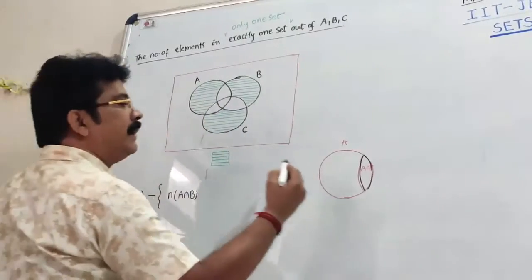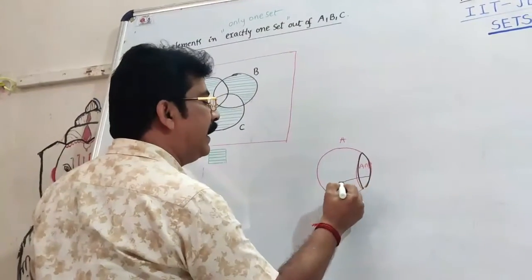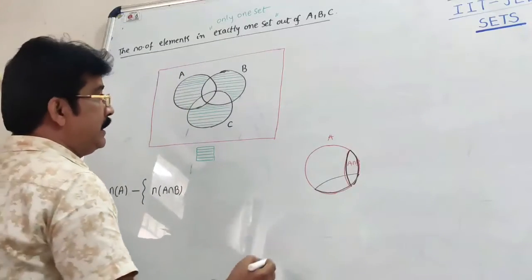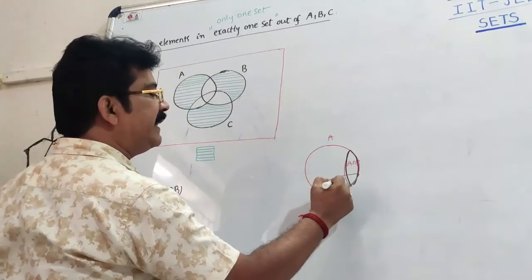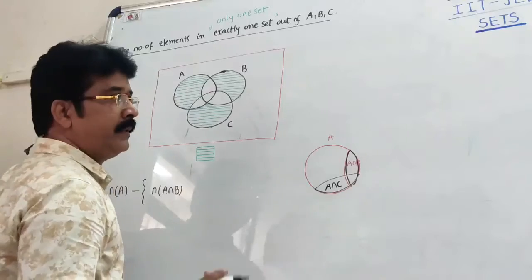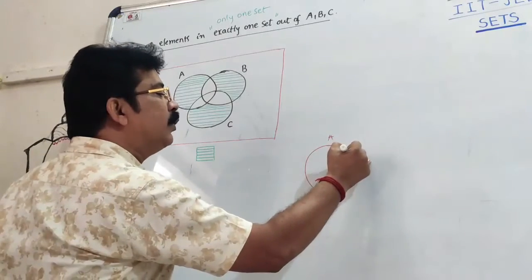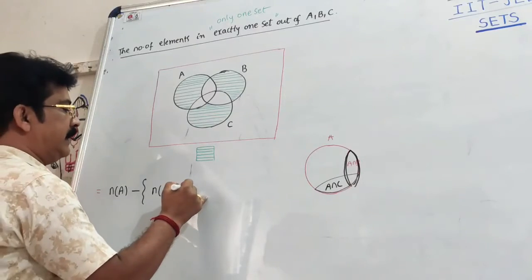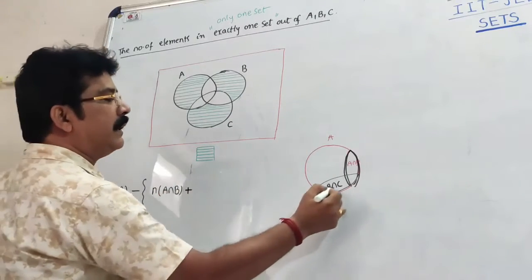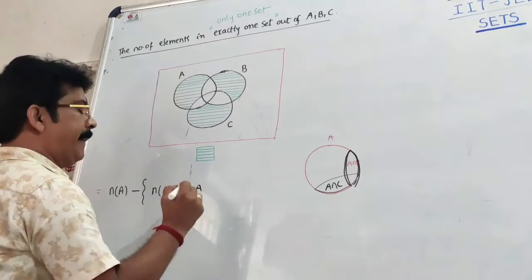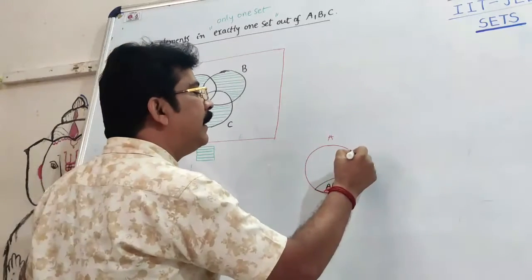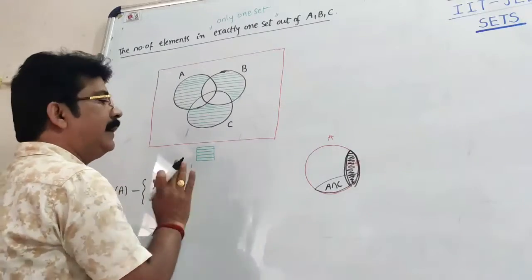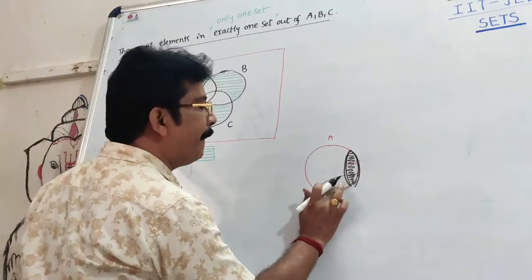Remember, we are also deleting this area. This area is A intersection C. So first delete this area, A intersection B. Next, plus A intersection C. Delete this one. Okay, we deleted. Later, only this area.